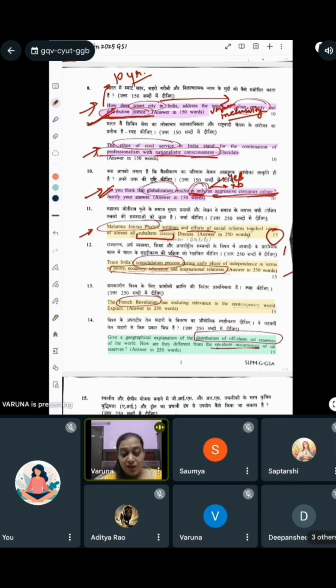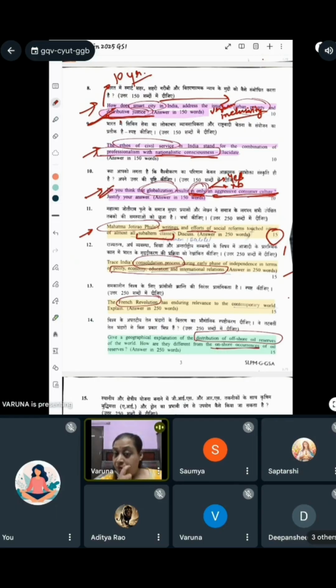Generally, whatever we read is very limited. And that's why if it had been a 10 marker, everybody would have plenty of points and could write well. But because it is a 15 marker, 250 words we had to write, it became really tricky for each one of the aspirants.